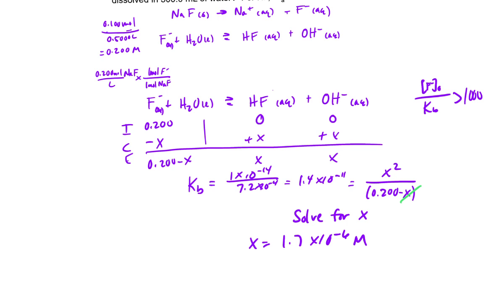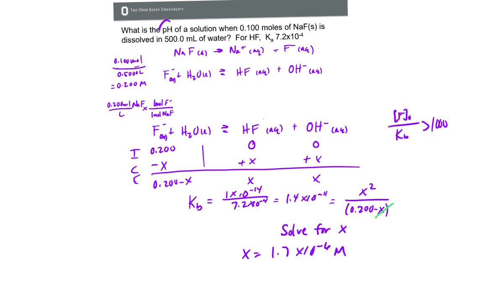Okay. The question asked us for pH. X is equal to the concentration of OH minus, all right? Because x is OH minus in our equilibrium line.